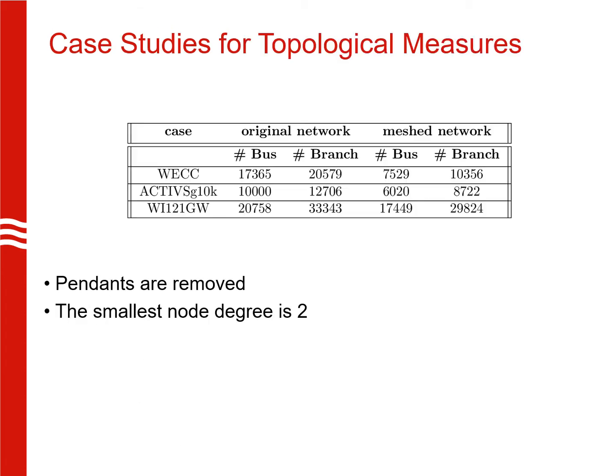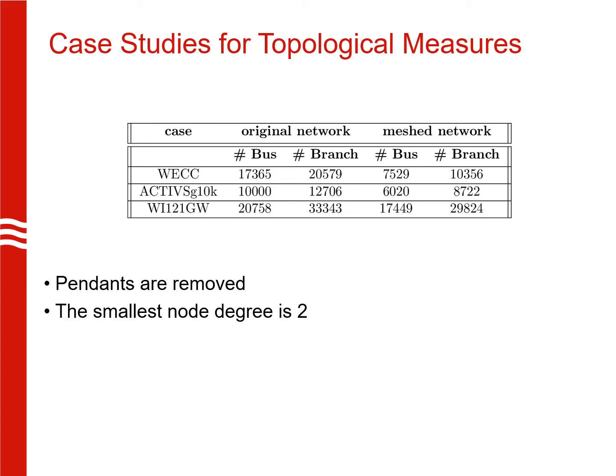In order to have a fair comparison with respect to topological measures, due to the details that I explained in the previous slides, for instance, there are subtransmission and distribution parts in the WECC model, and WI actually models some of those details at 69 kV, we have removed the pendants or radial lines from the different networks, and we rolled up the network in order to have the minimum node degree equal to 2.